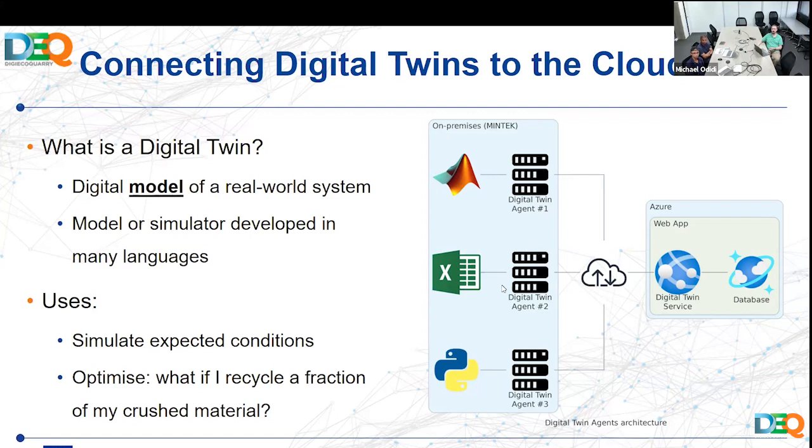So what you would have is each digital twin agent, these little blocks that are meant to represent a server or a computer, could be sitting in the cloud, or it could be sitting on premises here at Mintek. And it would have the software required to run that particular simulation. All of these agents then communicate via the internet to our application hosted in Azure.